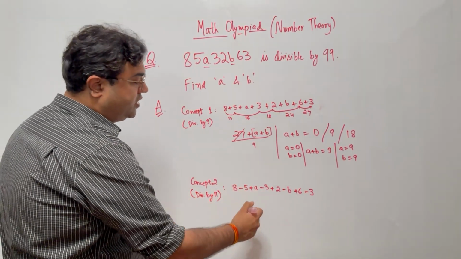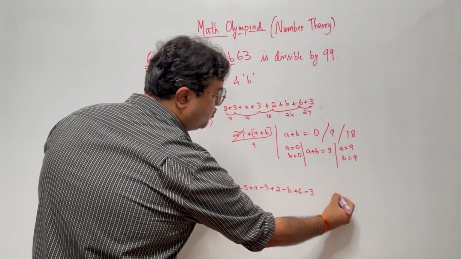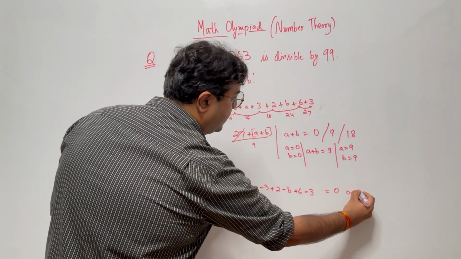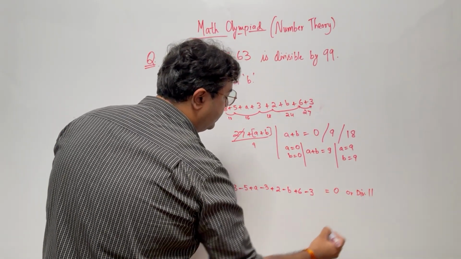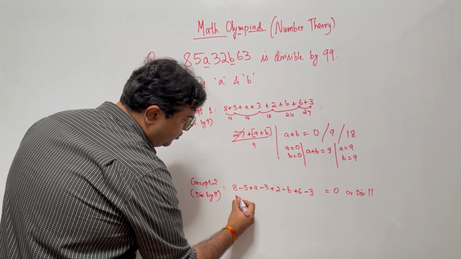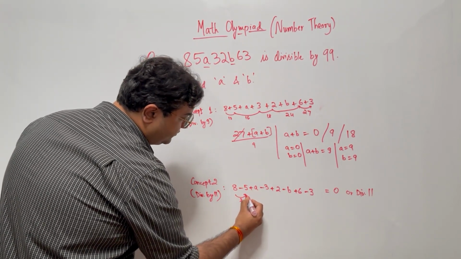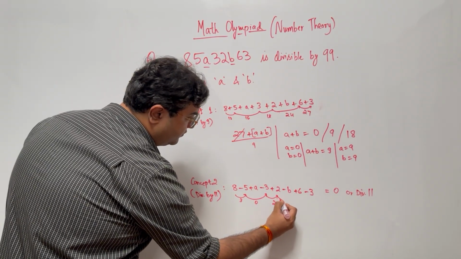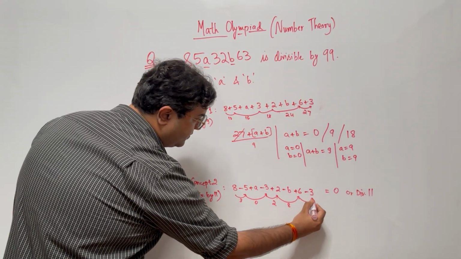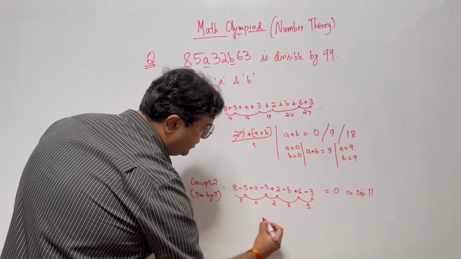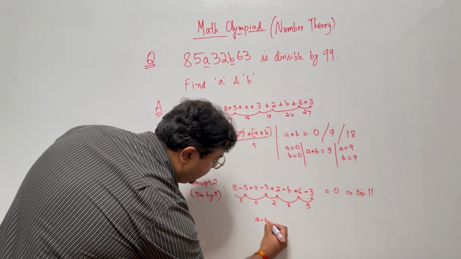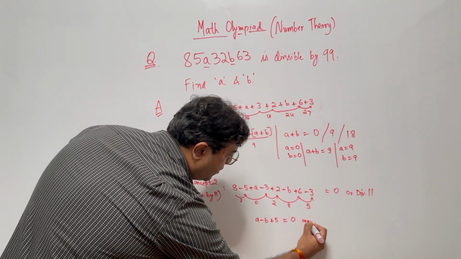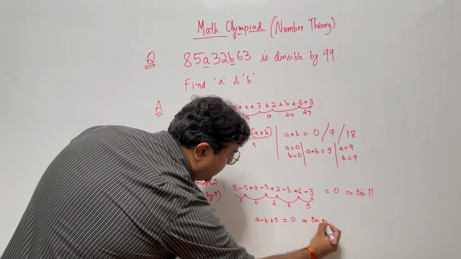So this number should either be equal to 0 or divisible by 11. Let's count this. So this is 3, 0, 2, 8, 5. So A minus B plus 5 should be either 0 or divisible by 11.